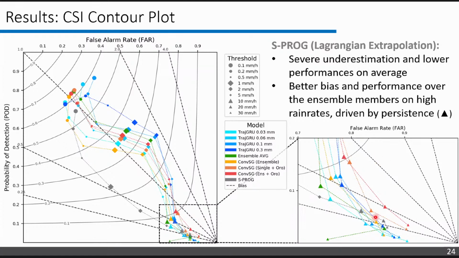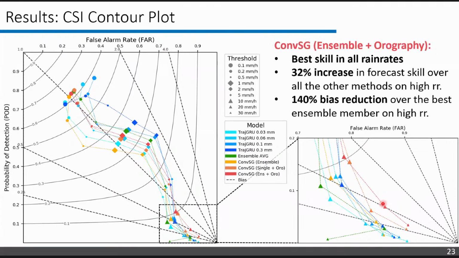But what we were really interested in was to improve here. And here we have like 140% bias reduction over all the four ensemble members, over the blue ones, using the stack generalization. So it's a huge improvement in the bias part.